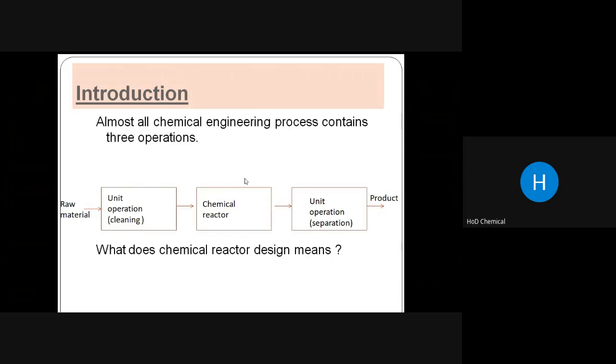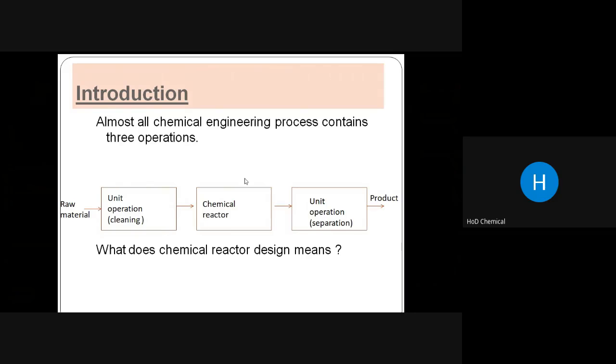So in industry, all the manufacturing processes happen in two ways, like unit operation and unit process. The unit operation is divided into two categories, based on separation and based on physical properties.